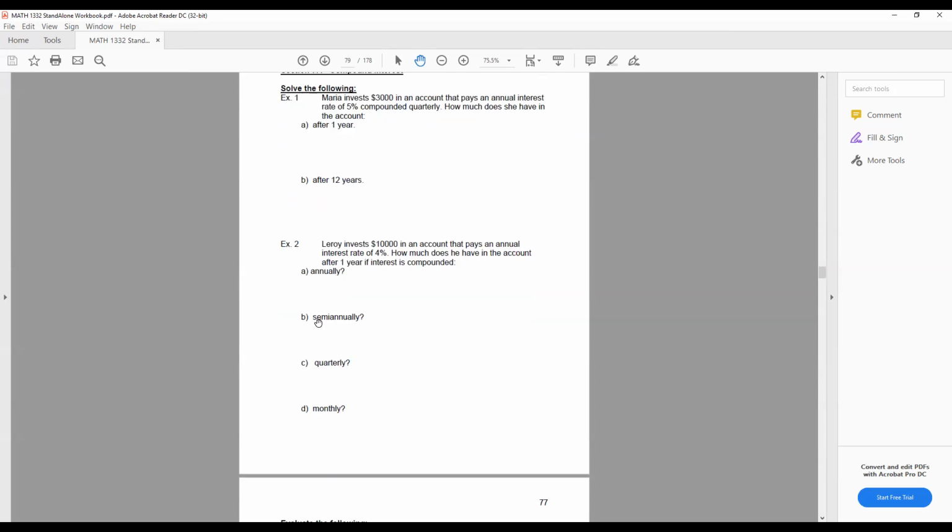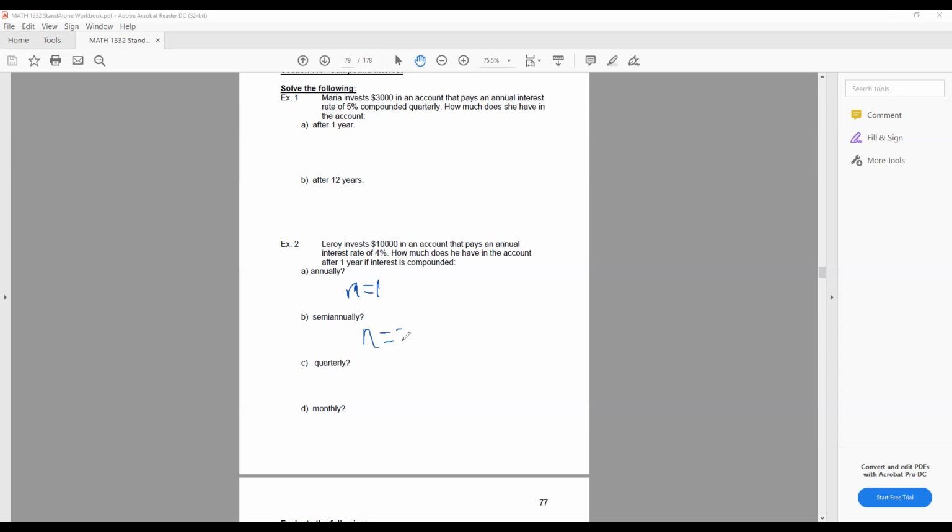Example 2, they're asking you what happens when you compound differently, annually, semi-annually, quarterly, and monthly. So the only thing that's going to change here is going to be the n. Okay, so the n on each of these, right? N is 1 here. N is 2 here for this one.